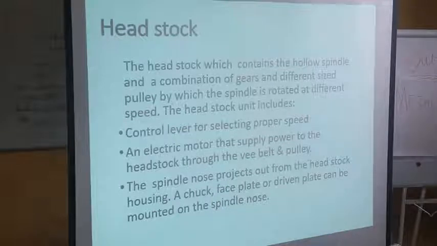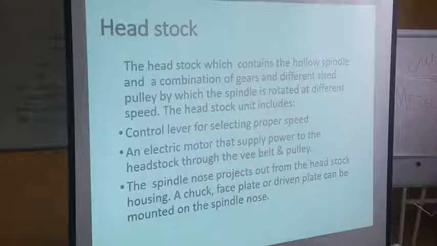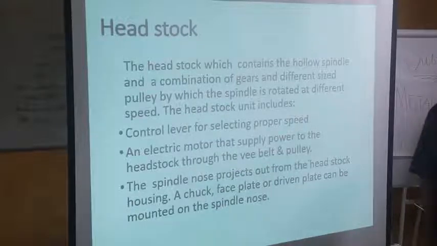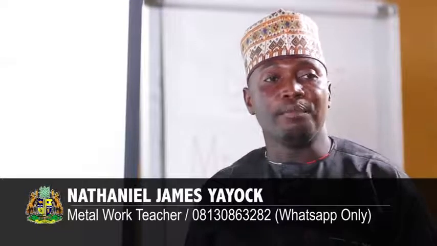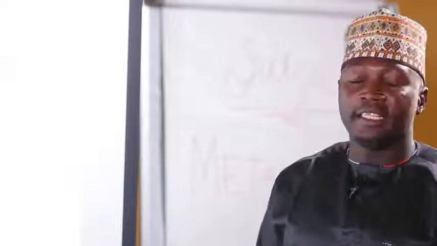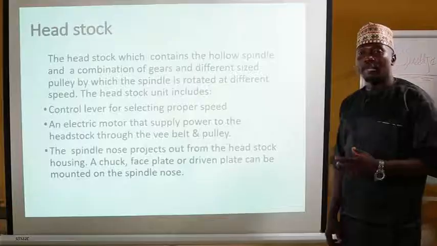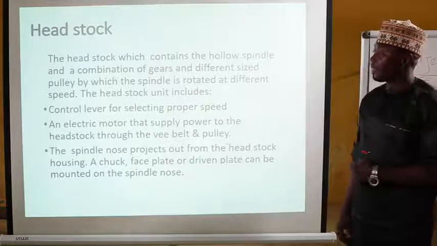The electric motor is the one that supplies the power and is located beneath the headstock. It's connected with the V-belt via a pulley that moves the spindle. The spindle is the one that the chuck is tied on, and the workpiece rotates with it together.